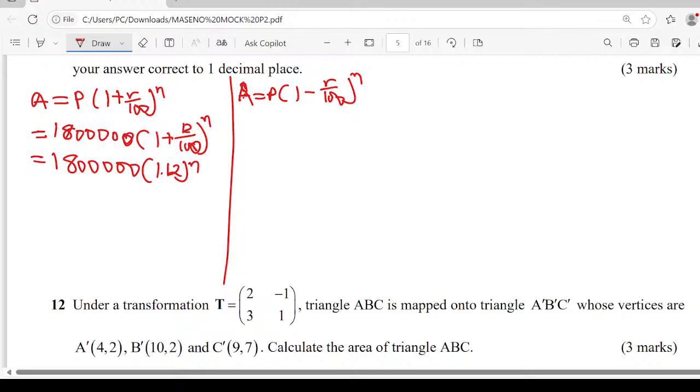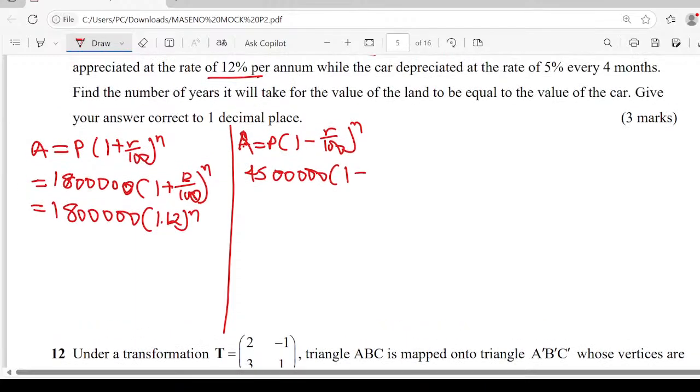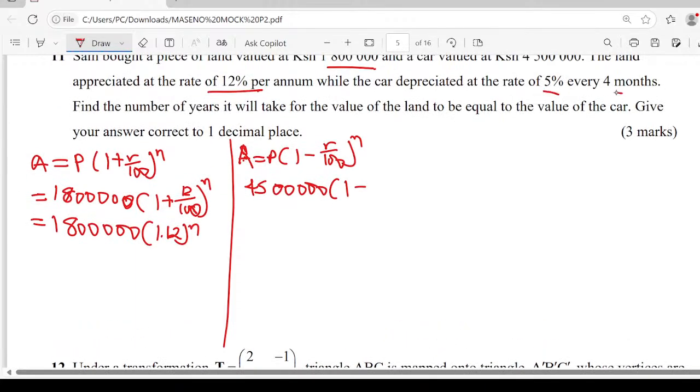So that means this will be 4,500,000 into 1 minus, at the rate of 5 for every 4 months. If it is 5 for every 4 months, that is quarterly.